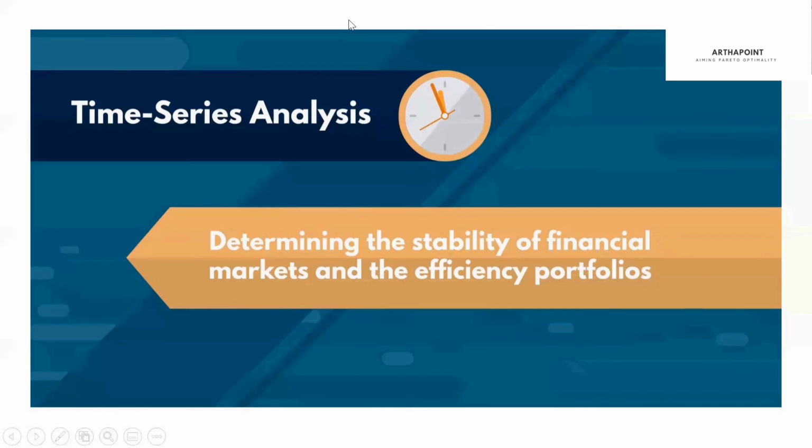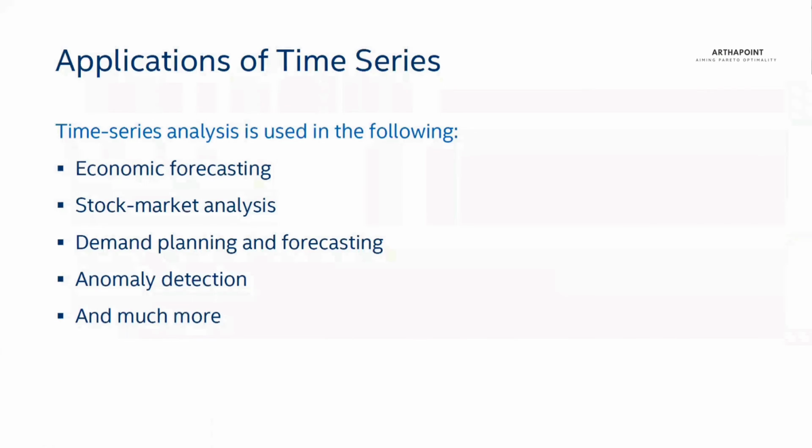So time series can very well be used to understand the stability of financial markets and the efficiency of the portfolio. These are a few of the other applications of time series modeling: economic forecasting, stock market analysis, demand planning.